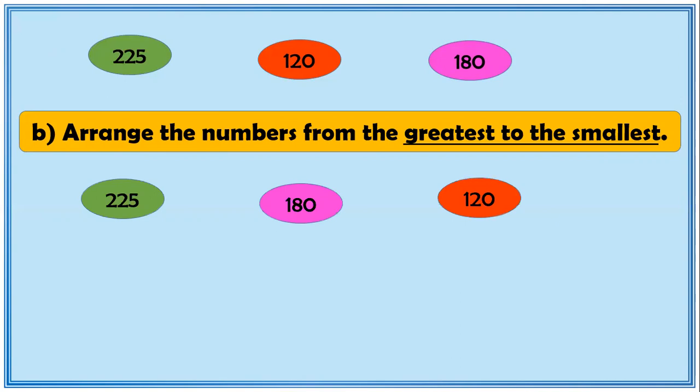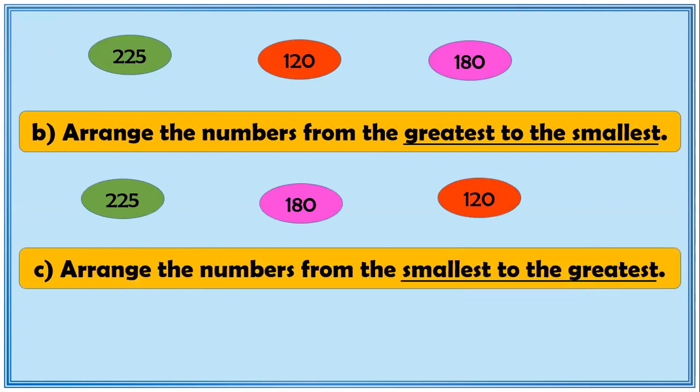All right. Next, arrange the numbers from the smallest to the greatest. So it means we need to start from the smallest number going to the greatest. Since we already know the numbers arranged from greatest to the smallest, all we have to do is to reverse its position.